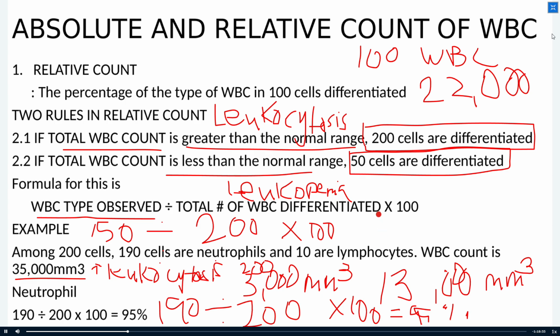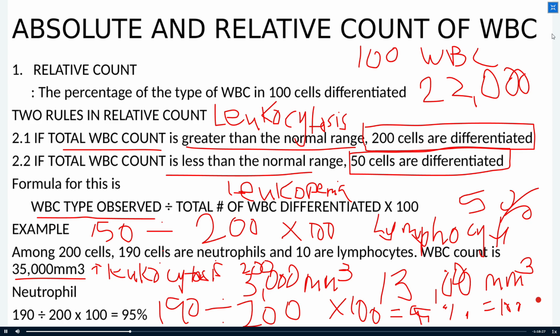Last question. What is the percentage relative count of your lymphocyte dito? Sabi dito, 10 lymphocytes are seen. What is the relative count? 95 ang neutro. Are you sure, Ms. Johnson? Okay, it's 5%, for a total of 100%.